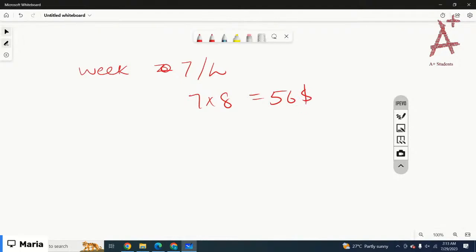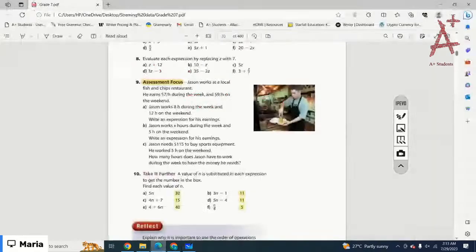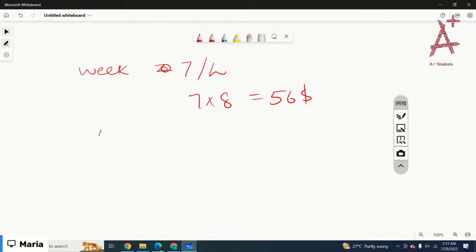That means during weekdays he earned $56, right? And then 9 per hour for weekend and 12 hours. So for weekend it is 9 per hour and he worked for 12 hours. So 12 times 9 is $81. Got it?